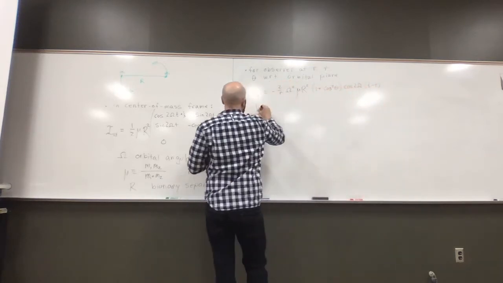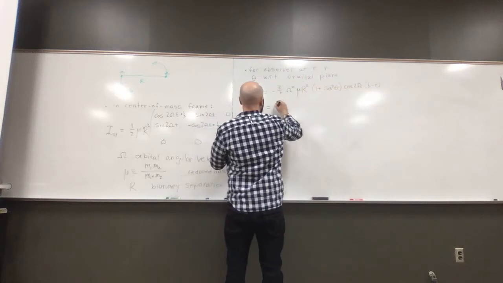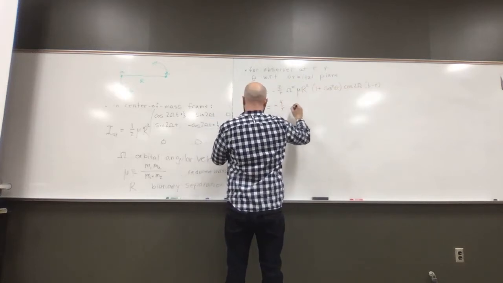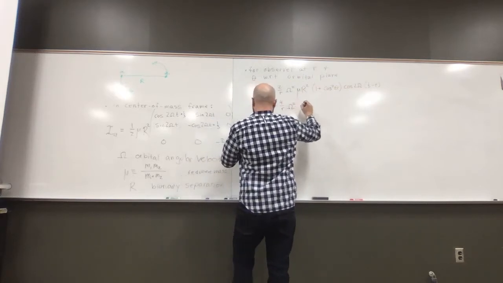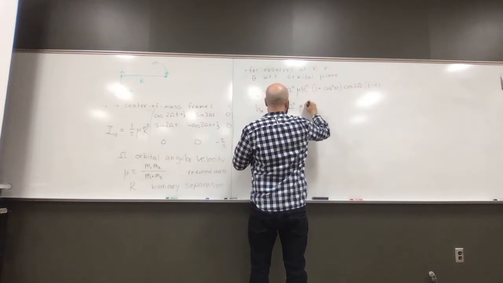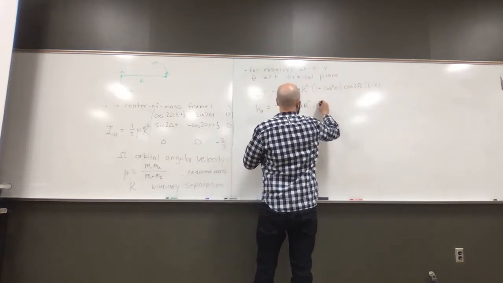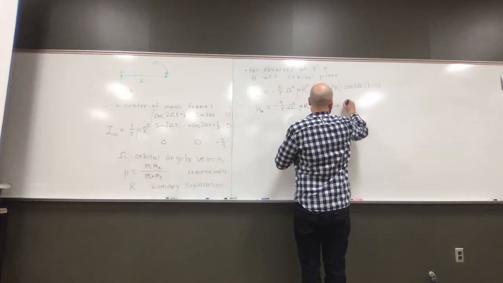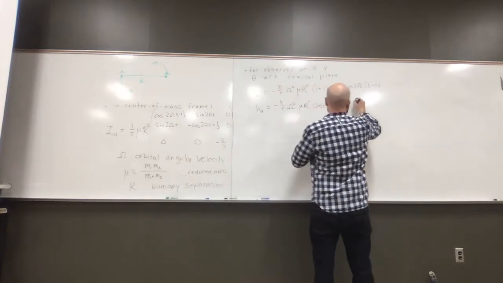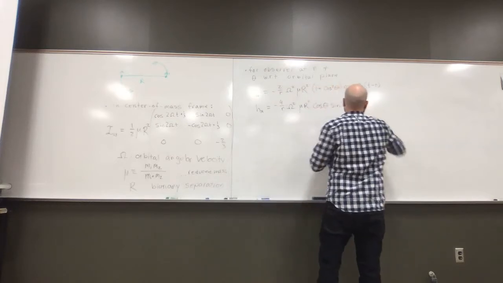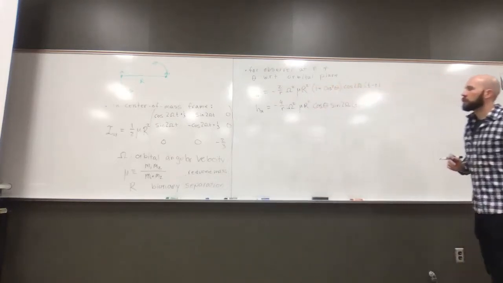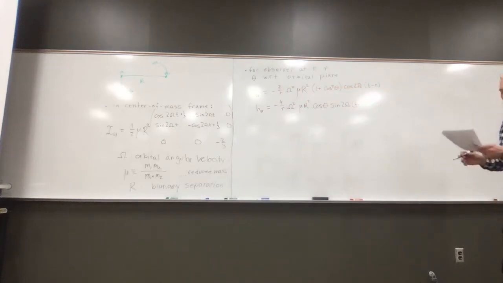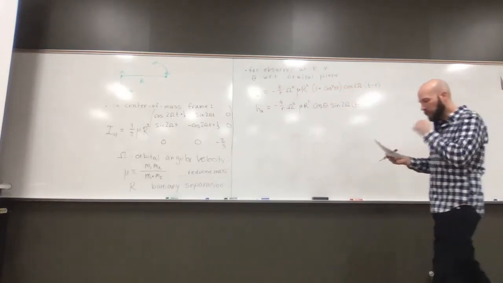And h cross is going to be equal to minus 4 over R, omega squared mu R squared, cosine of theta, sine of 2 omega times (t minus R), plugging in my distance there.